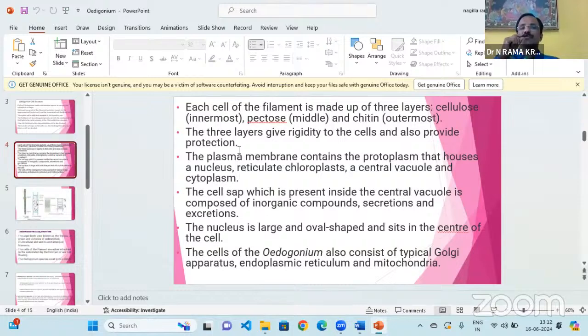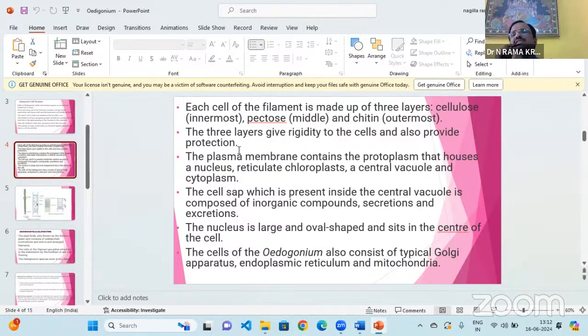And next one, that is the reticulate chloroplast and central vacuole. You see now here, in the center part you are looking at the vacuole. The cell sap present inside the central vacuole is composed of inorganic and organic compounds.